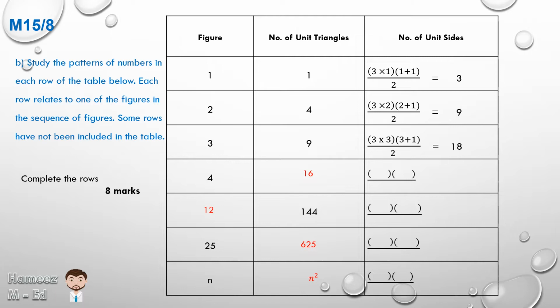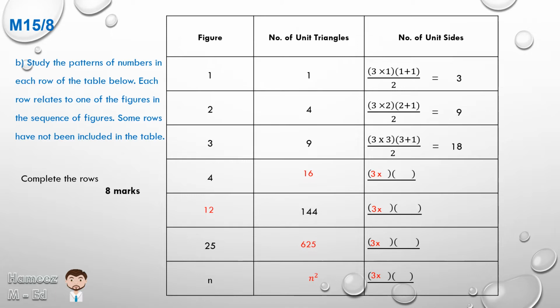So the first number in the first brackets is 3. And if we go into the second row, it's 3, and third row 3. So we can continue for the other 4 rows, putting in 3s there. And what comes after the 3? Multiplication sign. So we can include 4 multiplication signs coming down below in the rows of figure 4, 12, 25, and n.